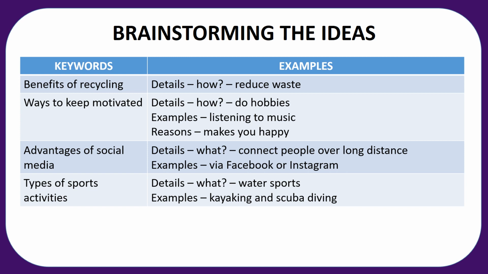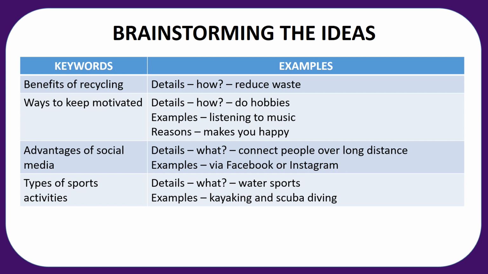And then if we are talking about ways to do something, for example, ways to keep motivated, we can go into details by asking how. And then we can provide examples or we can give reasons. And then if you're talking about advantages or disadvantages, we can go into details. What is it? And then we can give examples. And if we are talking about types, then we can go into details.